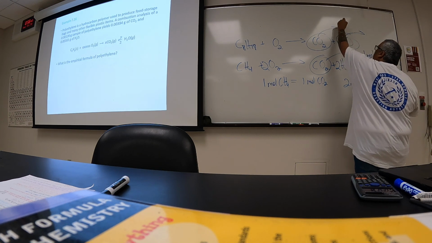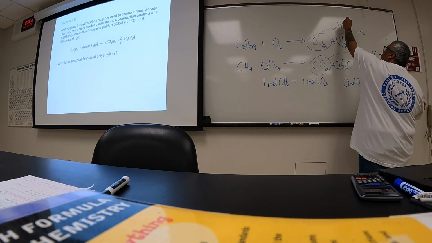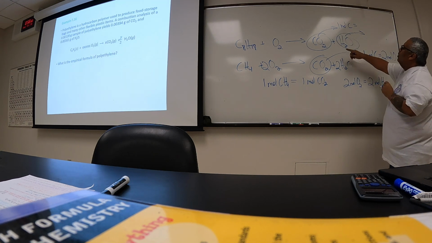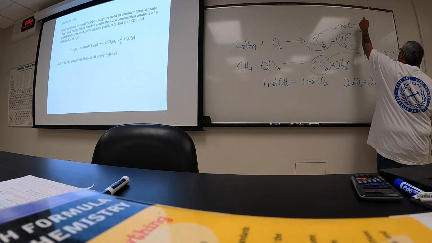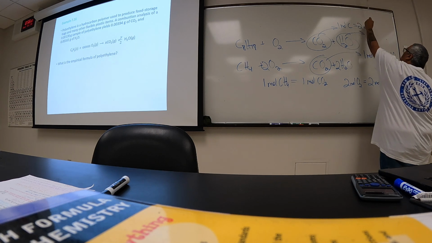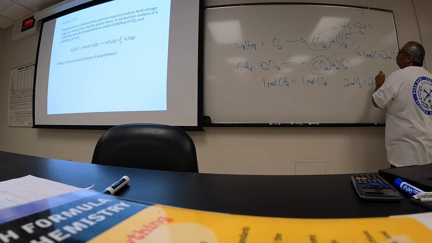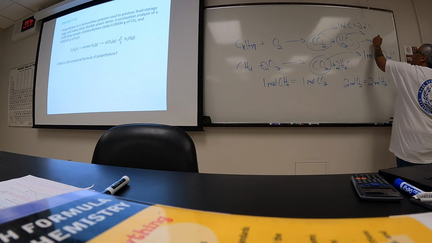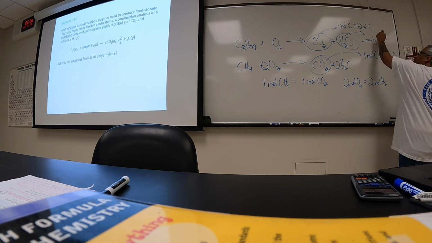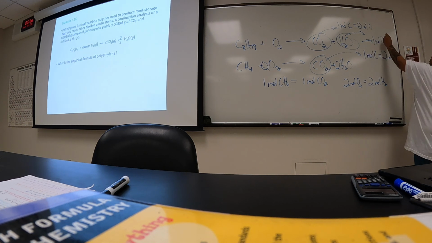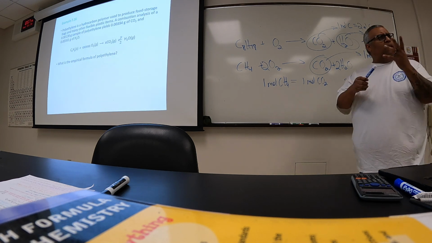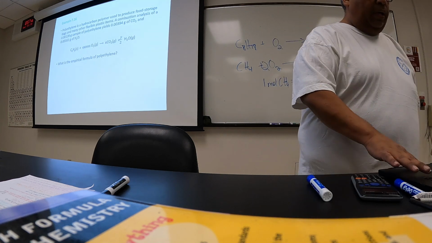If I have 1 mole of carbon, we have, again, 2 moles of oxygen. If I have 1 mole of oxygen, I have 2 moles of hydrogen. So everybody can see that, right? We're good with that. Okay.